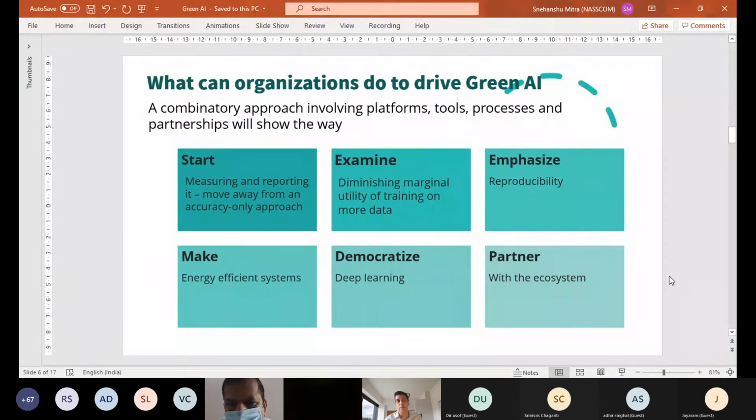This will create, in our opinion, more efficiencies in the process, faster innovations, better mechanisms to fail fast and then learn from those failures, etc. This concept of learning and engaging with the ecosystem will also go a long way in driving this whole mandate for green artificial intelligence.